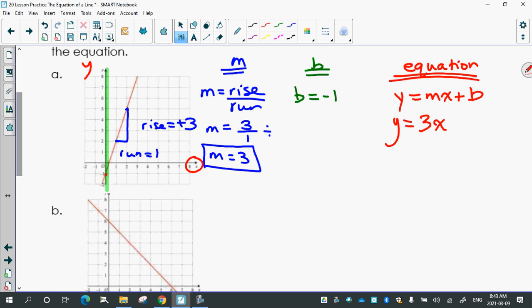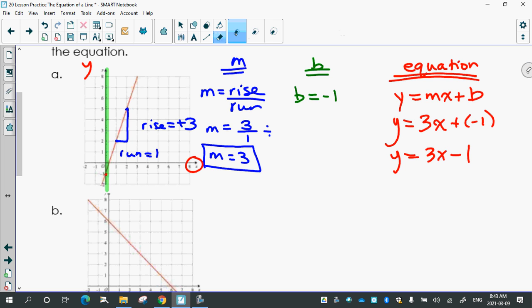Do I write plus -1, or do I just write -1? What do you think? I think you would put a plus and put -1 in brackets. Okay. And then I simplify that to -1, so I don't have double signs. So my objective would be to go for y equals 3x minus 1.